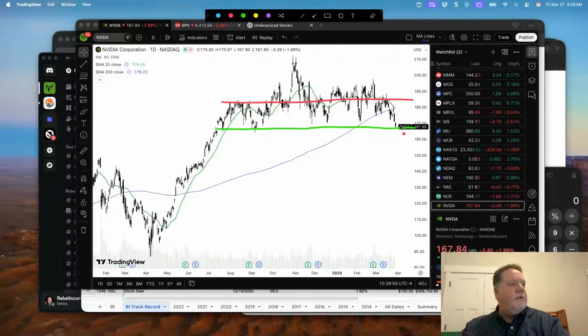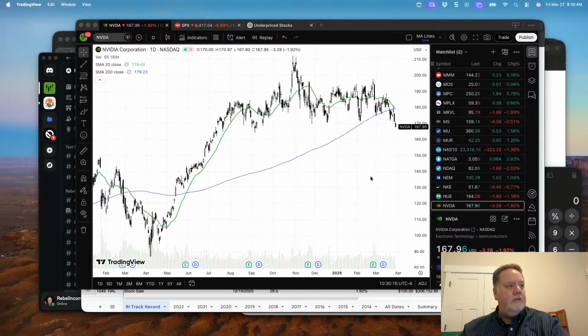So if it breaks down below this, that could start to get a little bit more interesting. It could mean that bearish activity is starting to increase in it. So it might be worth watching to see if that drops far enough to make its value proposition even more interesting. So we'll see.